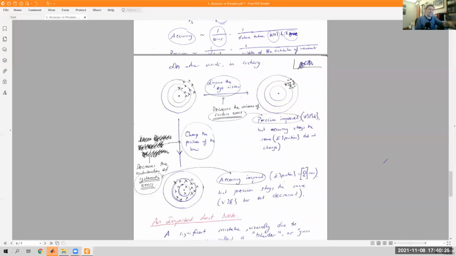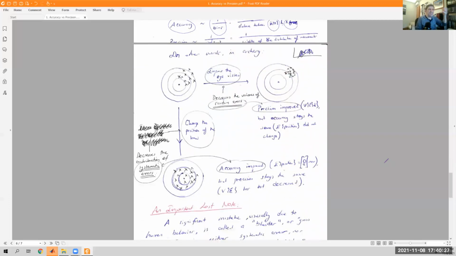Okay, I think this is pretty much clear, but this is a very standard or conventional representation of accuracy and precision, so I would like to also talk about that very briefly. In archery, for instance, let's say that this is where you are supposed to hit, and these are the results.